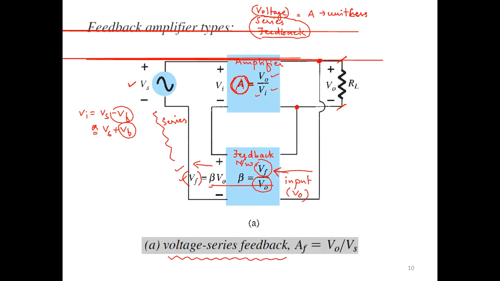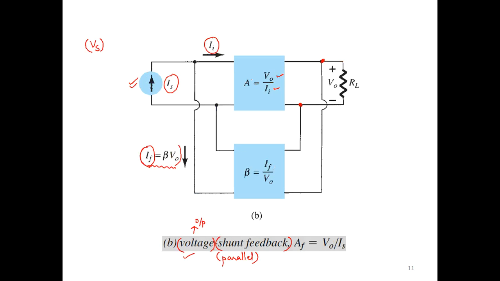The gain parameter is given as A equal to the ratio of output voltage upon input voltage. Why? Because the output was a voltage and the input is also a voltage. However, in voltage shunt feedback, the output is a voltage whereas the input is a current. Then obviously the gain should be output by input.